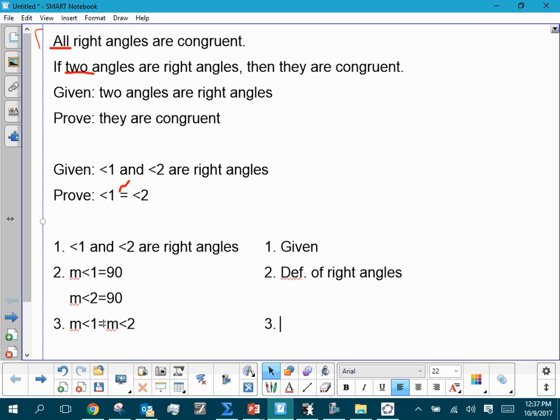My reasoning there is substitution, and this could also be transitive. Maybe put this in.